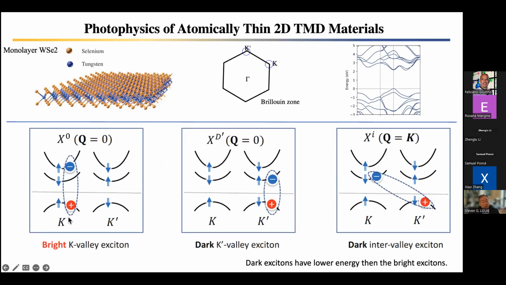So you could form bright intra-valley excitons, a dark intra-valley exciton, or even a dark inter-valley exciton, as indicated here. And these excitons could capture a carrier and form trions, or they could combine together and form bi-excitons.